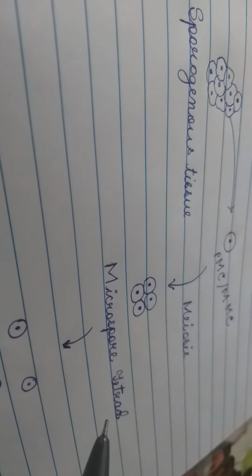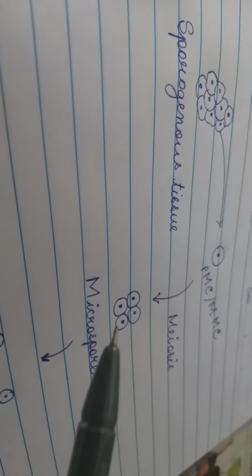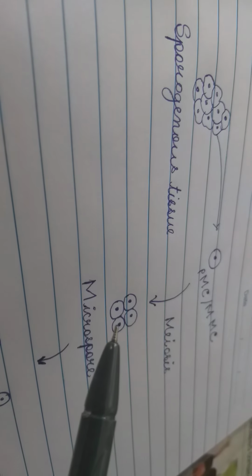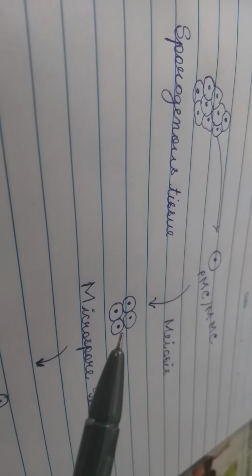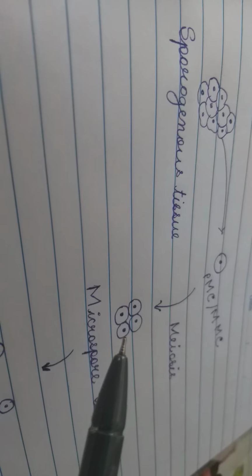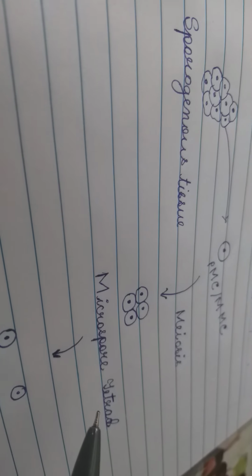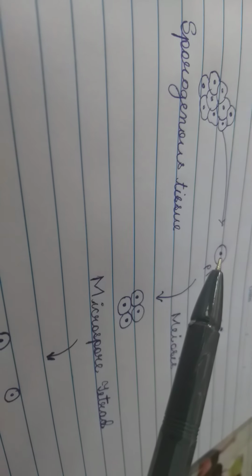This is called microspore tetrad. Tetrad means a group of 4 cells. So from each microspore mother cell, a microspore tetrad develops.